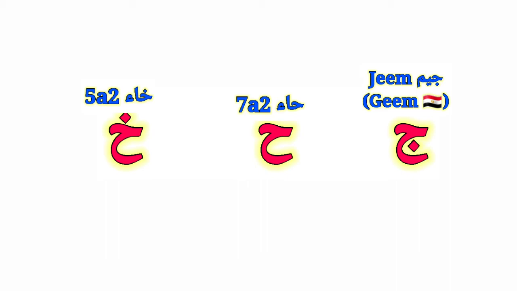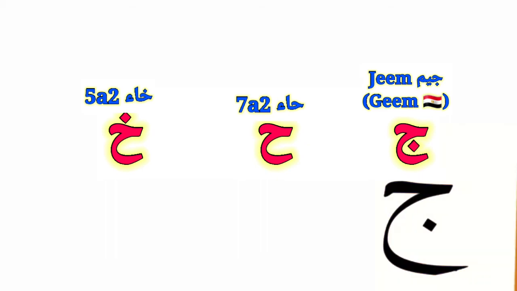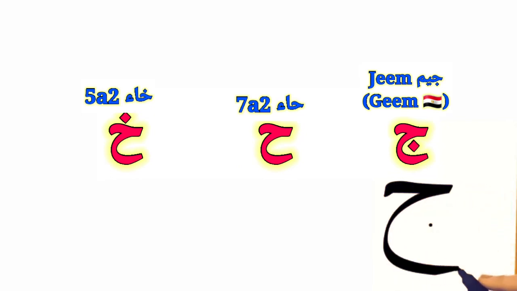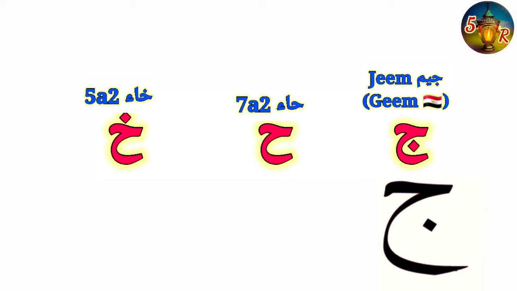Same story as the previous ones, they look exactly the same and only where to put the dot changes. So this is how you write the first one, جيم, or in Masri it's جيم. We'll talk about it in a second. And remember, the dot for جيم is inside, because the next one has no dots at all, which is حاء.